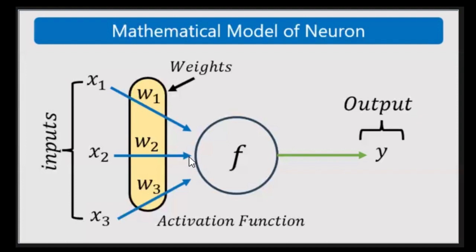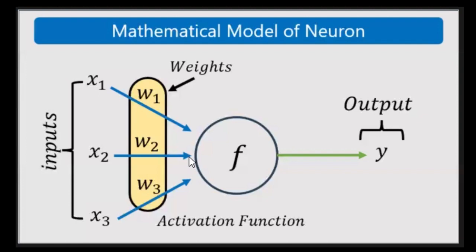Something is happening in the human brain to understand that. But by training that kid, what we are doing is changing the synapse strength. That means in the mathematical model of a neuron also, these weights are the changeable parameters while the model learns.